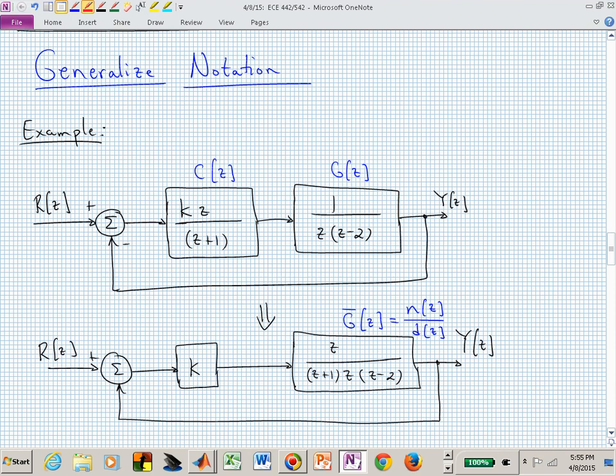Here is the notation that I hope you buy into. We might have a plant, G of Z, where one of my poles is further out. It's at 2 and the other one's at the origin in my plant. And now I'm saying, well, why don't I put in a controller? You're going to have to learn how to design those capital C of Z's.